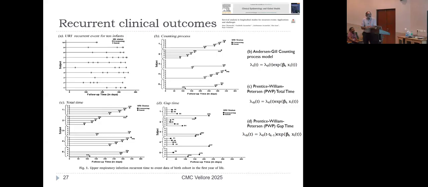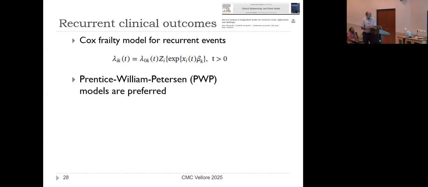Now, there is a Cox frailty model for recurrent events that has also been proposed. We're going to be talking more about the Cox frailty model tomorrow, because conceptually, in the Cox model, everybody has a common underlying hazard to failure.